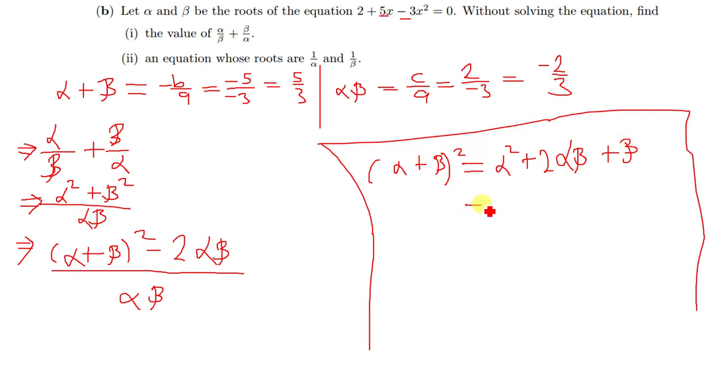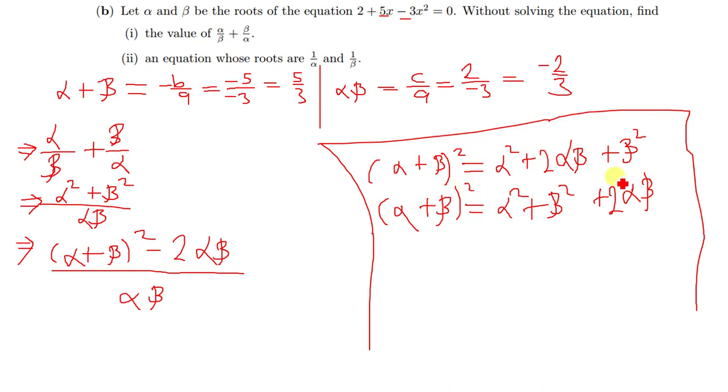So you put alpha squared and beta squared together: alpha squared plus beta squared, and then plus 2 alpha beta. Then this side you have the same thing, which is alpha plus beta in brackets squared.